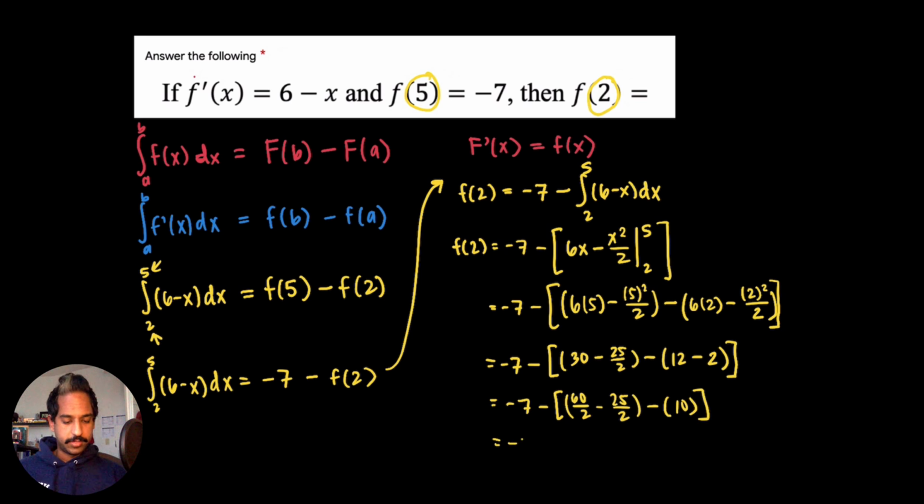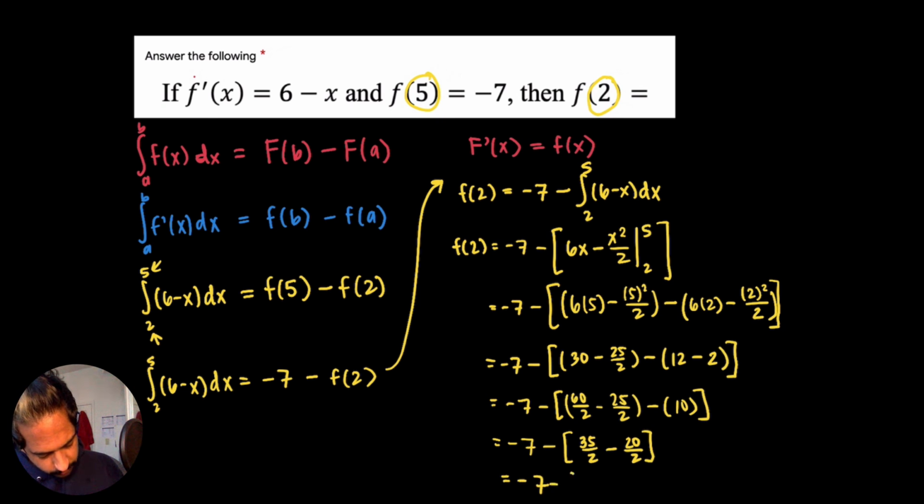This will equal negative 7 minus 60 minus 25 is 35, so we get 35 over 2 minus 20 over 2. I'm converting that 10. This will equal negative 7 minus 35 minus 20 is 15, so we get 15 over 2.